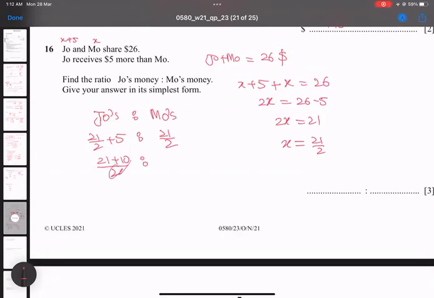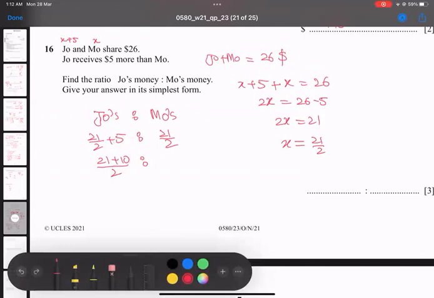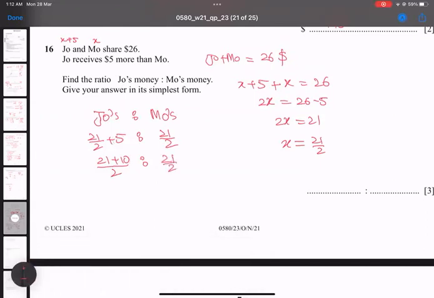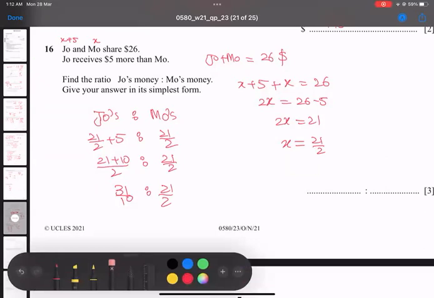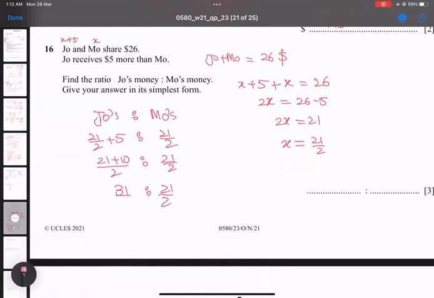So this becomes 31 over 2 ratio 21 over 2. Now multiply the whole equation by 2 to cancel the 2. Then I get 31 ratio 21, and this is our final answer.